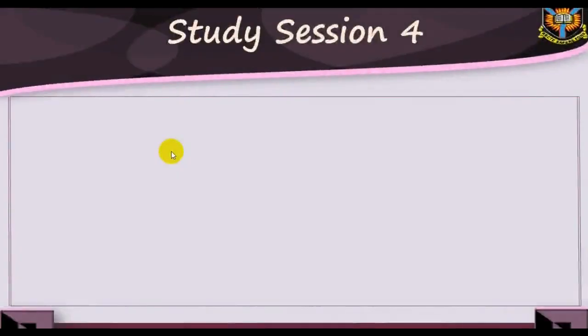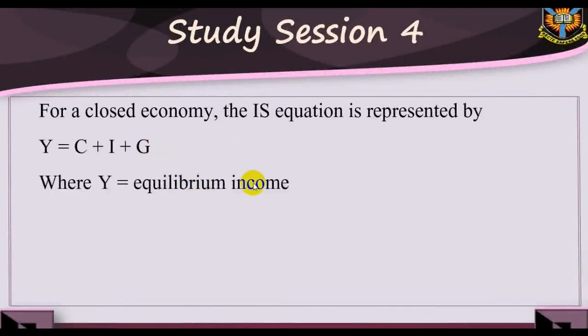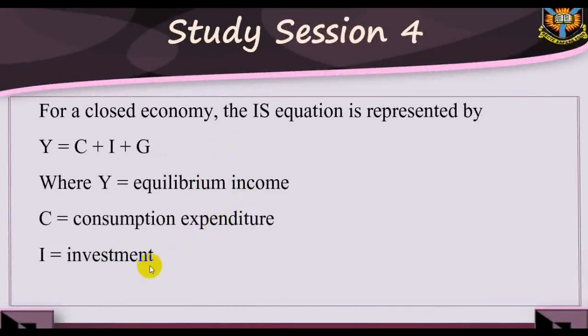For a closed economy, the IS equation is represented by Y equals C plus I plus G, where Y equals equilibrium income, C consumption expenditure, I investment, G government spending.